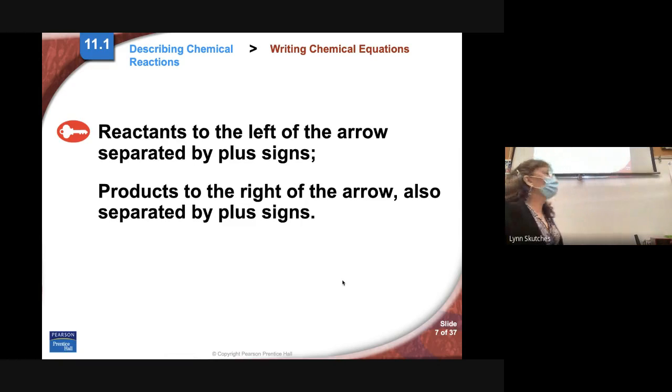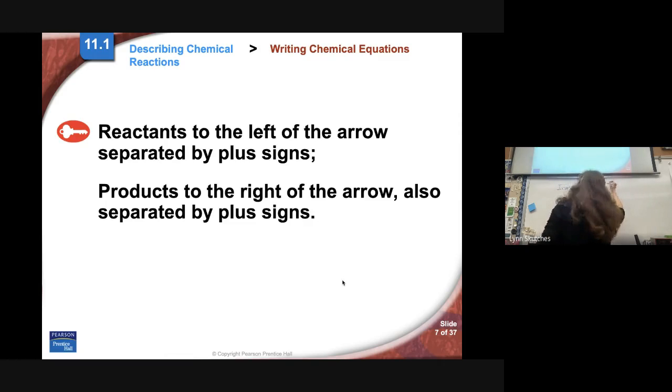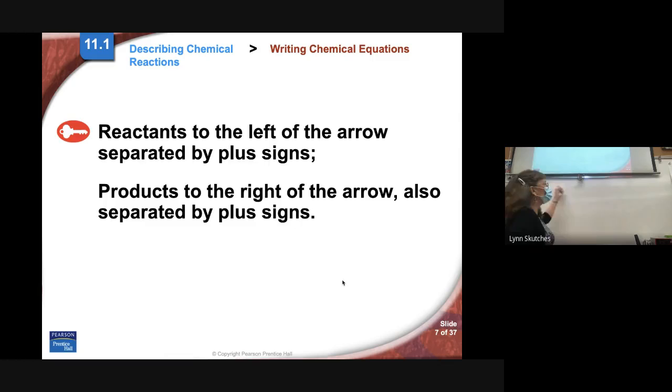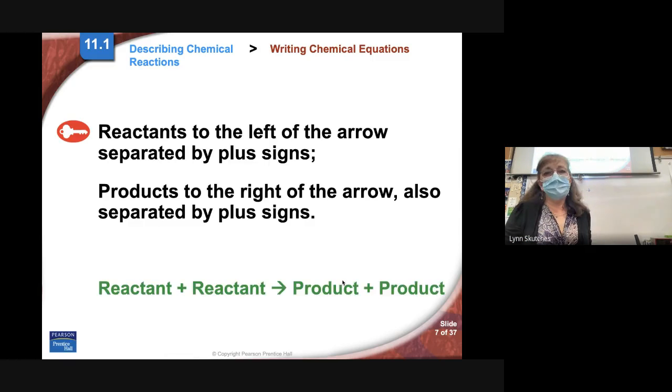So in terms of a recipe, which we'll use the term sometimes, the ingredients are on the left and the recipe's result is on the right. If you got flour and sugar and butter, you make cookies. Same thing. We use the arrow and not an equal sign. That's a really important concept also.